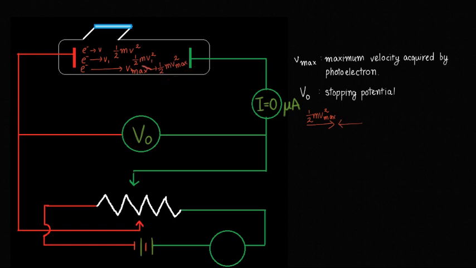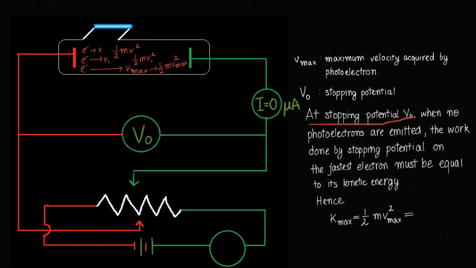Because this is the maximum velocity. If this is the maximum velocity out of all of these, then the maximum kinetic energy an electron can have is half m vmax square. So if I do enough work to stop this half m vmax square, with that same amount of work I can stop this electron, this electron, and this electron.